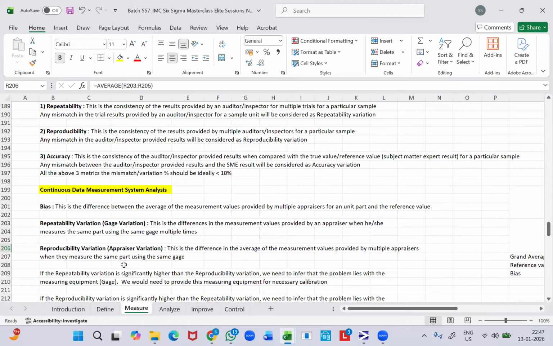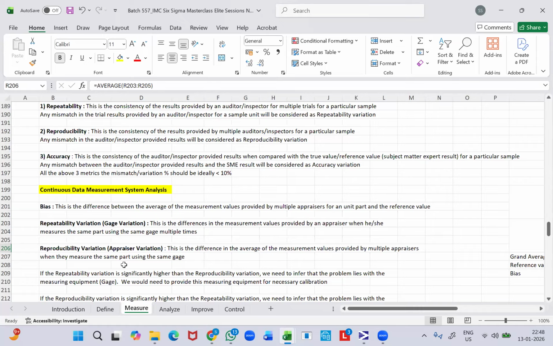So there can be a question on this. They will not ask you to perform the exercise, right? In the final assessment, they will not ask you to perform the exercise pertaining to the measurement system analysis, but they will give you a scenario. In that scenario, you would find the overall gauge R&R variation to be in excess of 10%. It will be something like 21%.